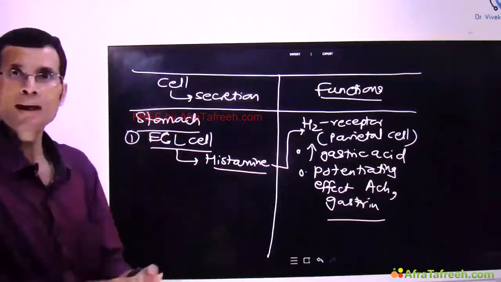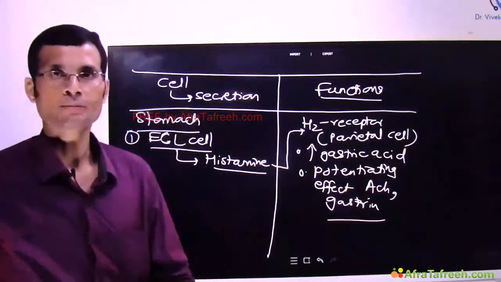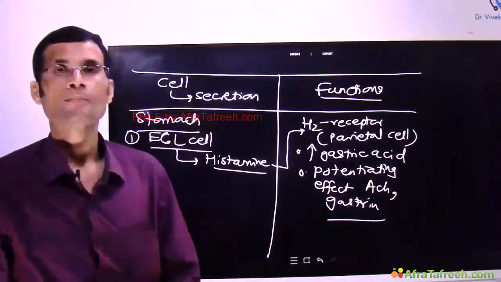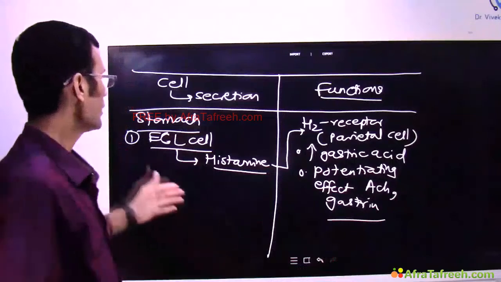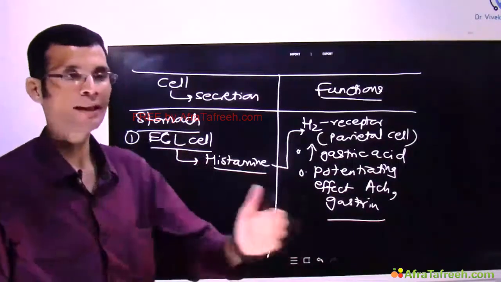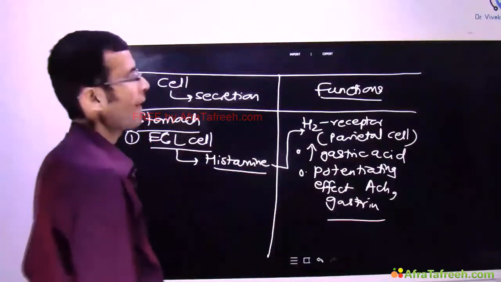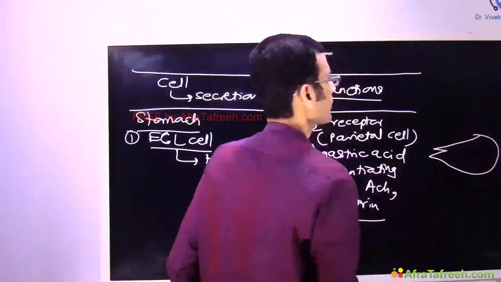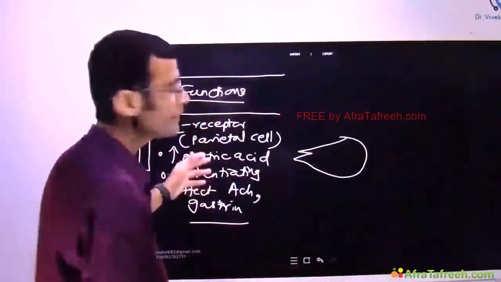They are vagus, which releases acetylcholine, the neurotransmitter. So that's called a neurocrine effect. Gastrin, which is a hormone, so it's an endocrine effect. And histamine, from the neighboring ECL cell, that's a paracrine effect. A parietal cell with its canaliculus has the receptors for these three stimuli.